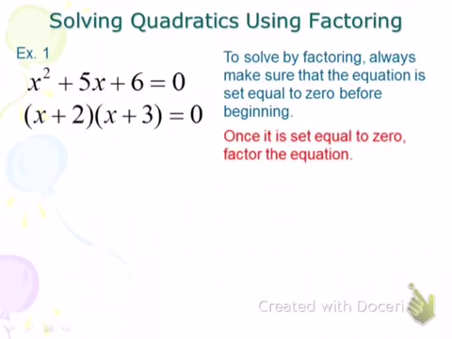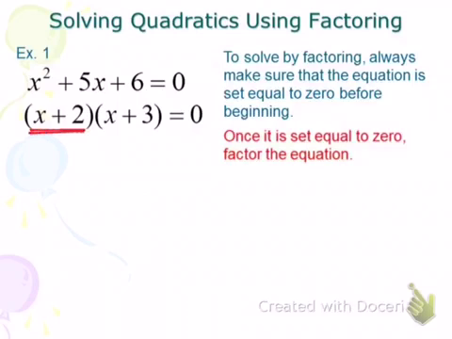Easy enough, right? We've done this skill over and over, and you guys have gotten pretty good at this simple factoring skill. But now we're putting the skill to use. What's the importance of factoring? One of the very important things you can use factoring for is to solve quadratic equations. Set it equal to 0, factor the left side, and now we have two things being multiplied that equal 0.